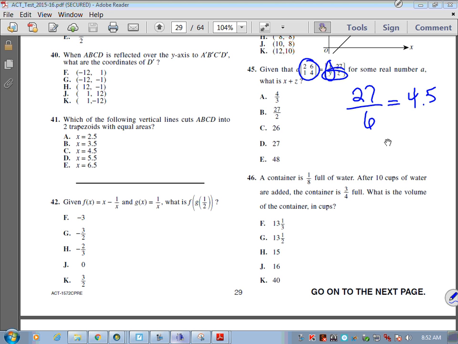But I only need x plus z, so I'm going to take 4.5 times 2 and 4.5 times 4. Well, 4.5 times 2 is 9, and 4.5 times 4 is 18. Of course, it's double 2, so that makes sense. And 9 plus 18, because we want x plus y, is 27.